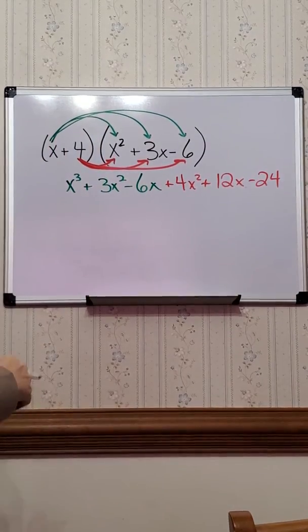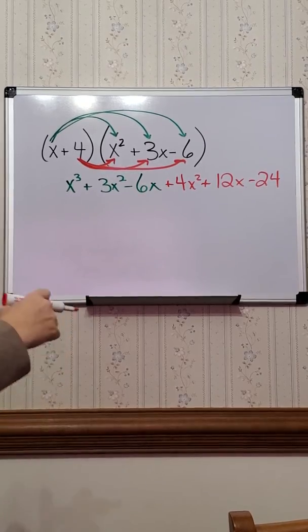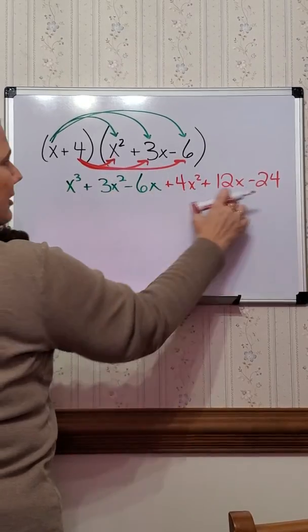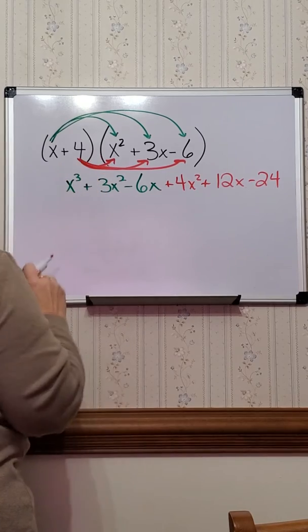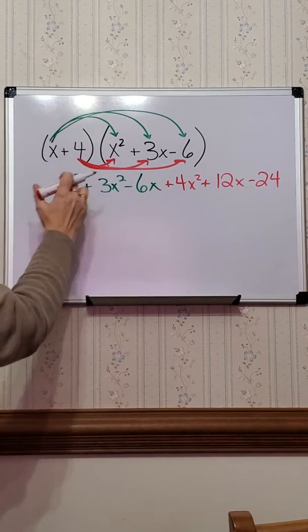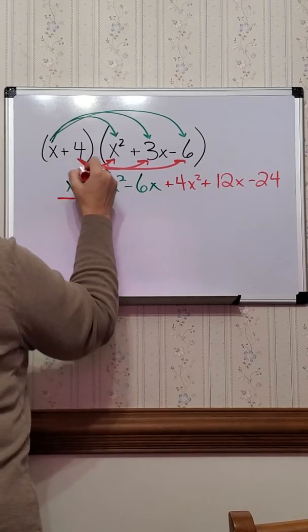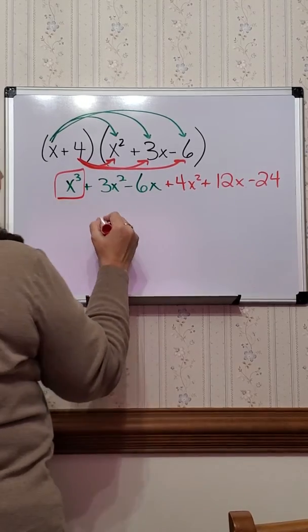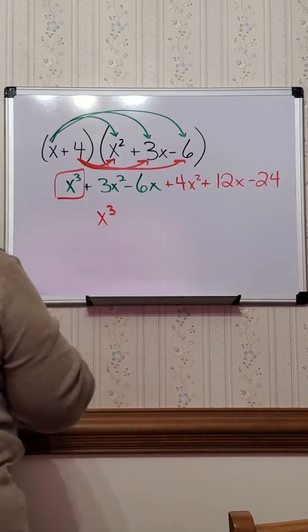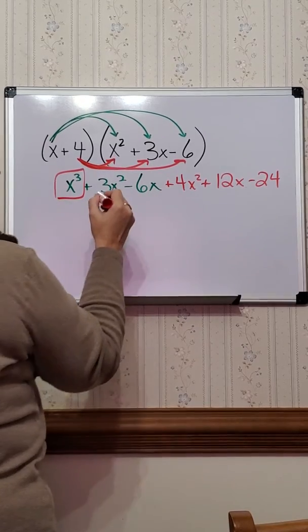At this point, I've got to combine my like terms, and again, I'm going to look at my variables. They are all the same letter, but I have to go according to highest exponent to lowest exponent. So let's look at what we can combine. I only have one that's got an x to the 3rd, so of course I'm going to bring that down. Now I'm going to look at my x squareds.